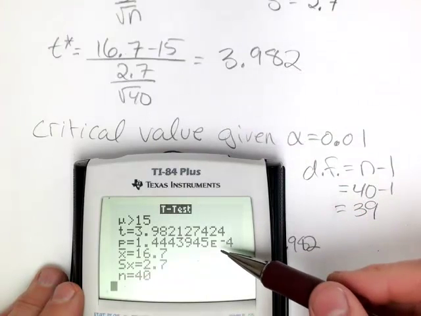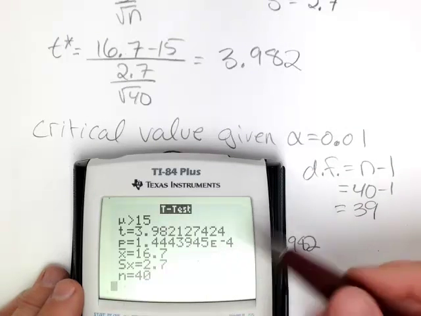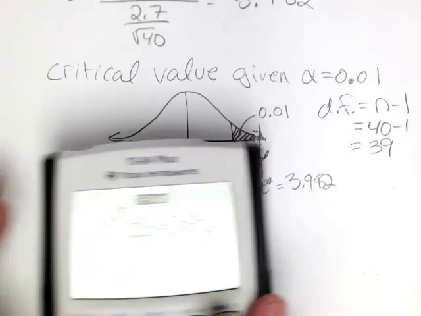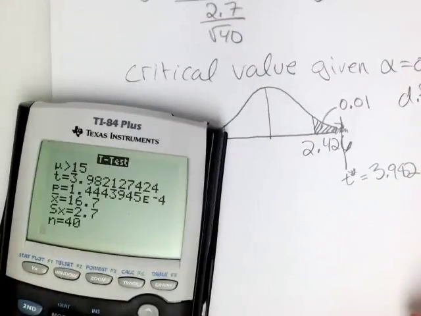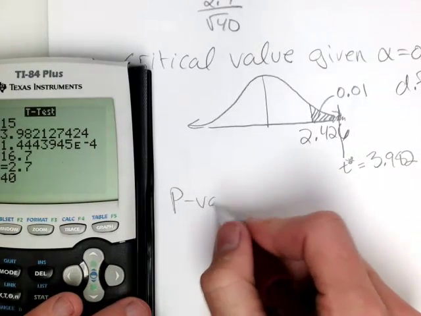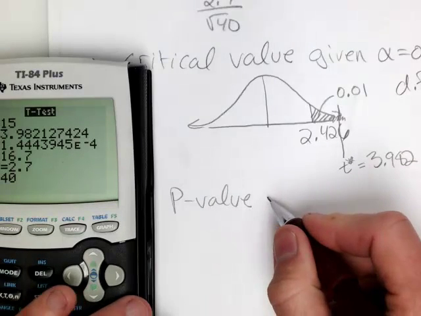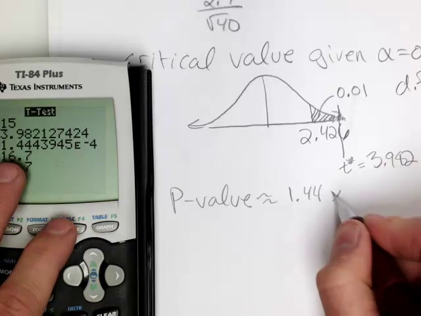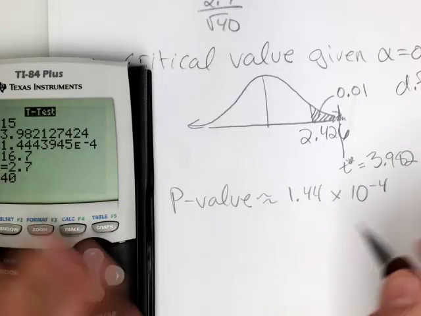Now, the p-value is extremely small. Okay, so remember, you can't write your E as part of the answer. Okay, you need to write this in correct scientific notation. So what this means is that the p-value is approximately 1.44 times 10 to the negative fourth power.